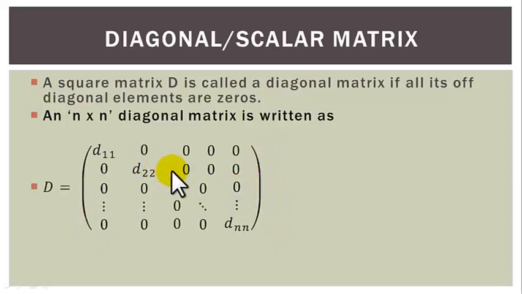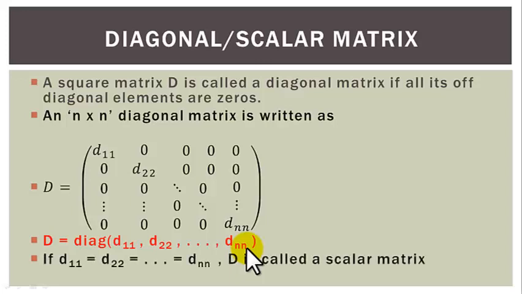As you can see in this matrix, the off-diagonal elements are all zeros. We can also write it this way: D equals diagonal in brackets D11, D22, to Dnn. Note, if the diagonal elements are all equal, the diagonal matrix becomes what we call a scalar matrix.